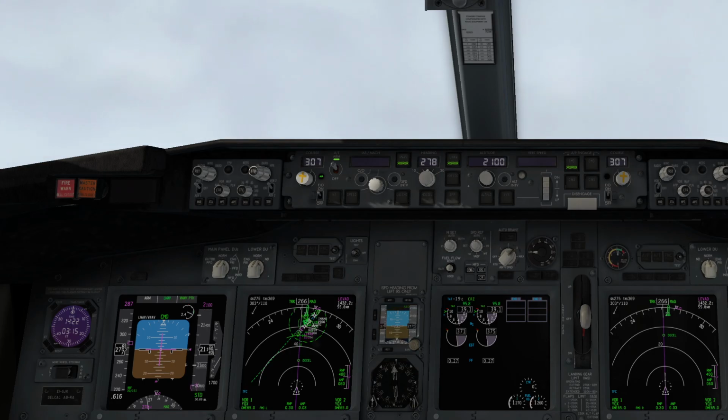Entering the soup. Second layer of cloud there.